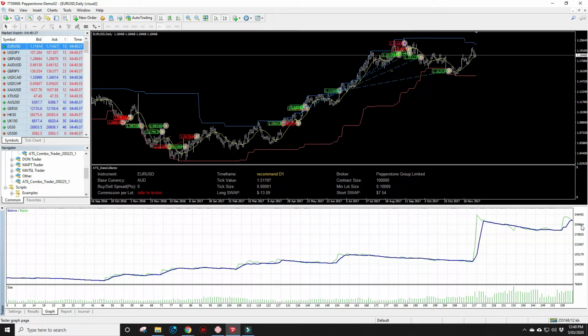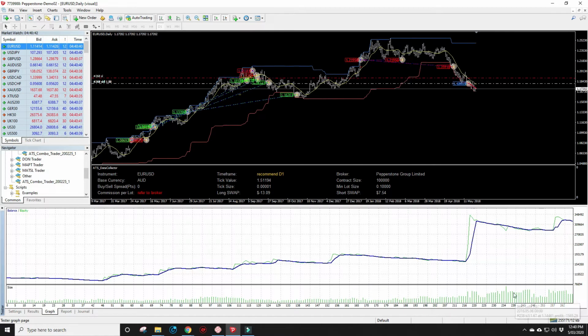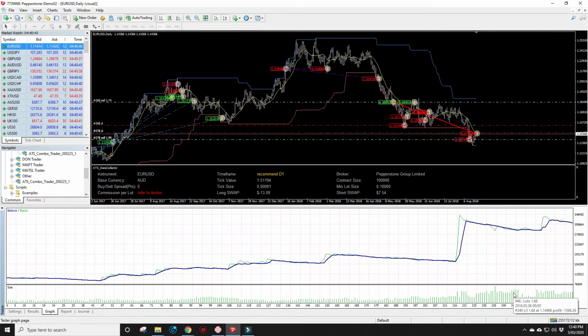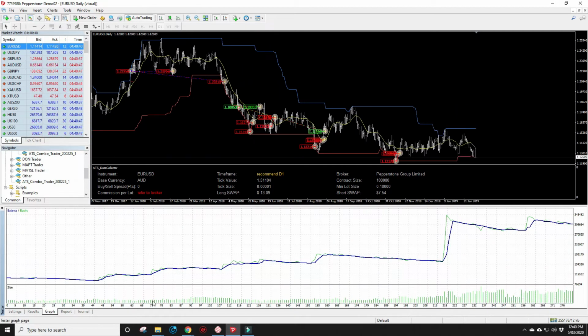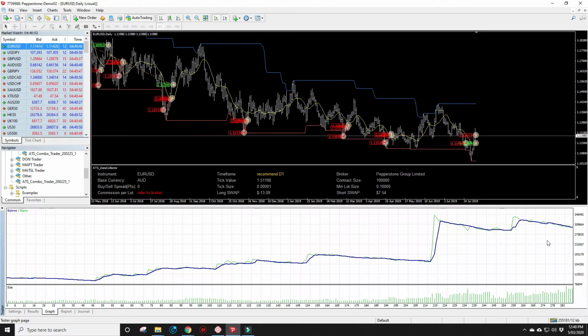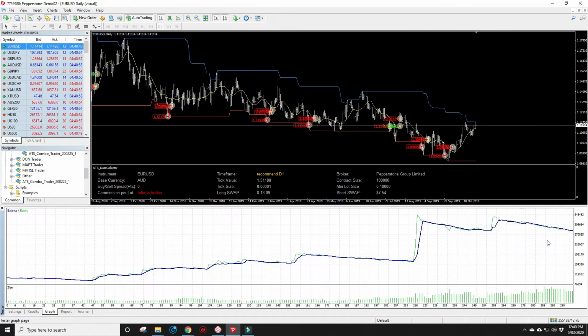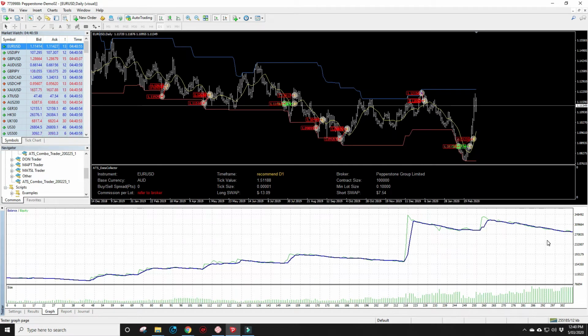That's because our equity is building, and as we're applying 0.5% trade risk, our trade size is therefore relatively adjusting to accommodate that increased equity. So we're getting a very nice result with this very simple trend-following system over a 20-year period. And now we've just reached current day, and that's where it stands.